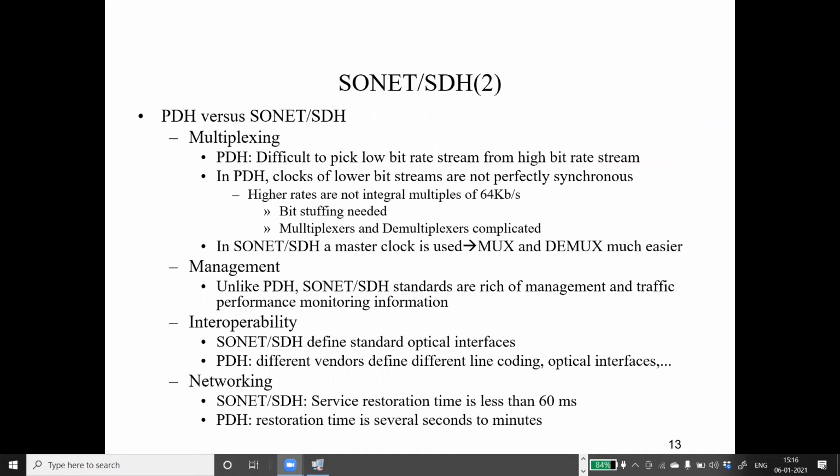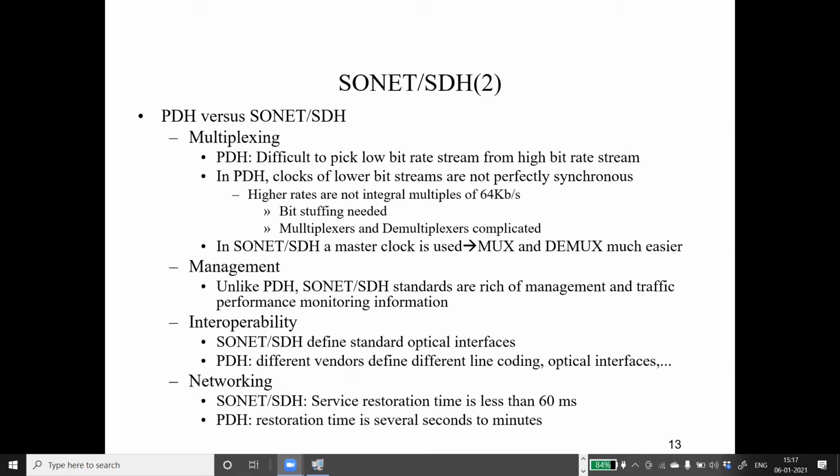If I talk about the previous generation and Sonnet or SDH, we normally write Sonnet/SDH. Sonnet was the standard being used in the US, and SDH was a European standard. Both were similar, the only difference was a multiple.